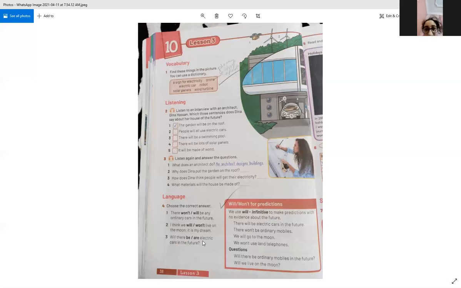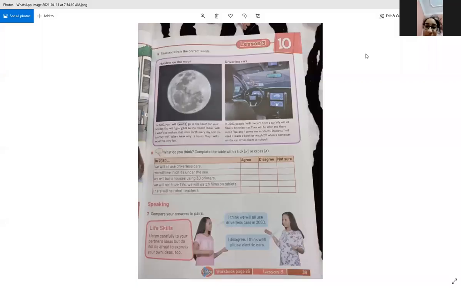So we use will plus infinitive, okay? Okay, let's turn to the other page here. Mariam, look at page 39 and try to read and choose the correct answer.